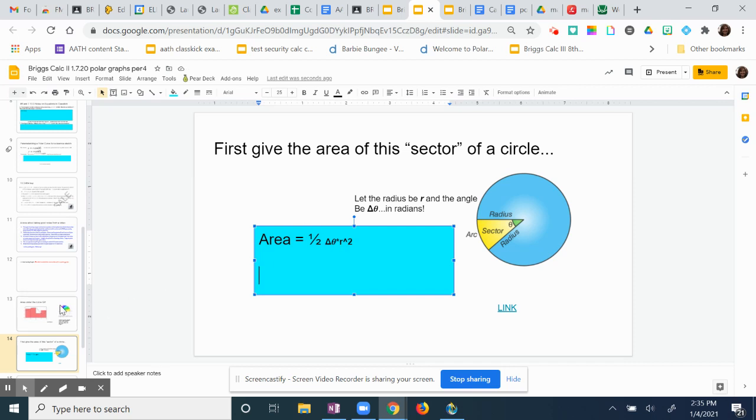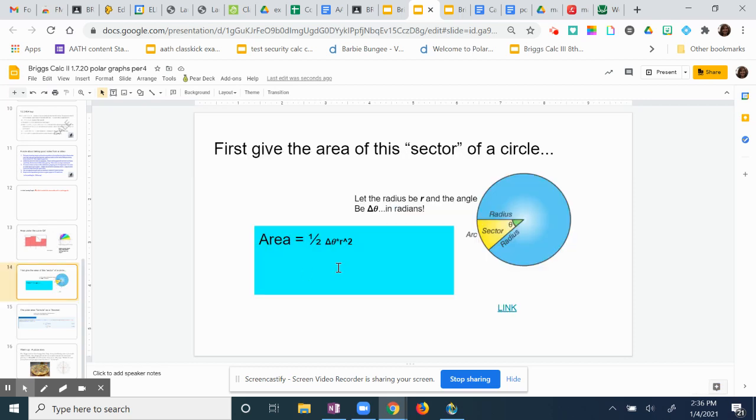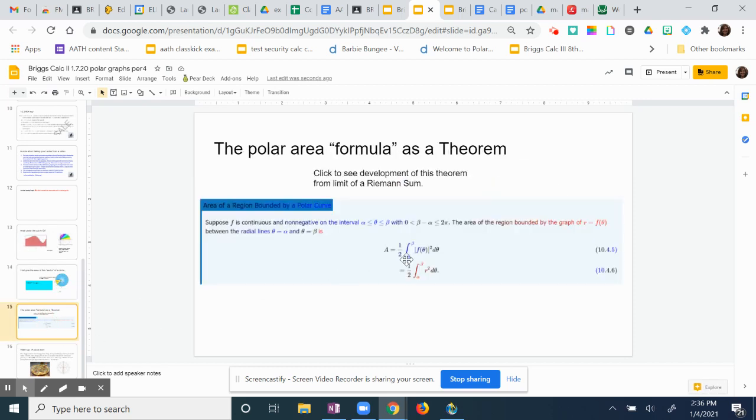Now I want infinitely many of those sectors. So what happens is you end up getting a limit of a Riemann sum, and that limit of a Riemann sum becomes an integral. You are going to have to square the r, and you are going to have this 1/2 factor.